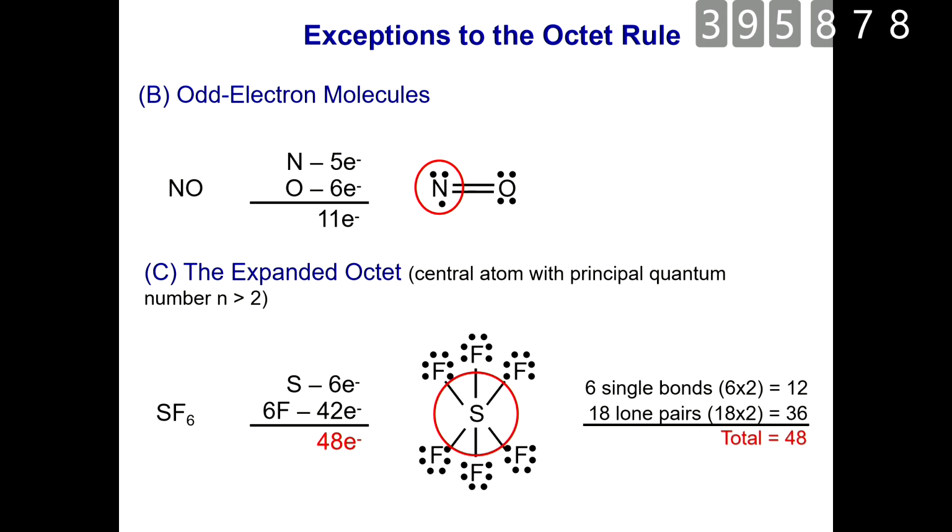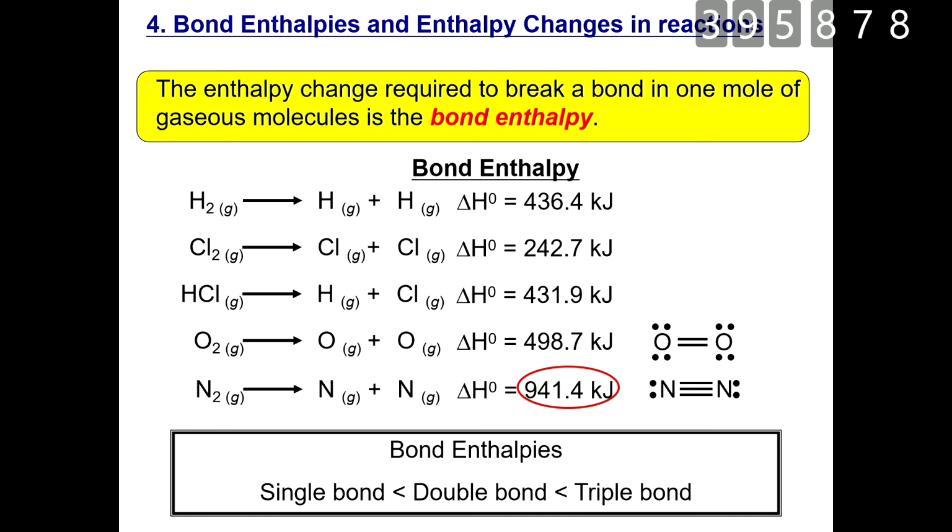This means the octet rule cannot explain all compounds, so maybe in the future we can set a better theory to explain these compounds. Okay, this is all we learned last time.